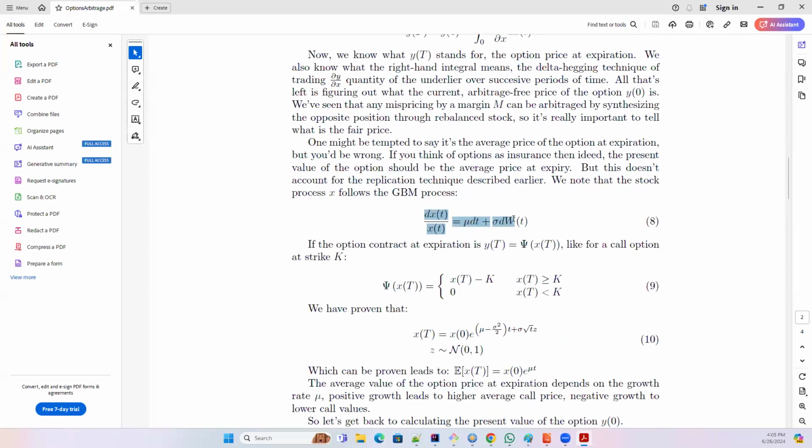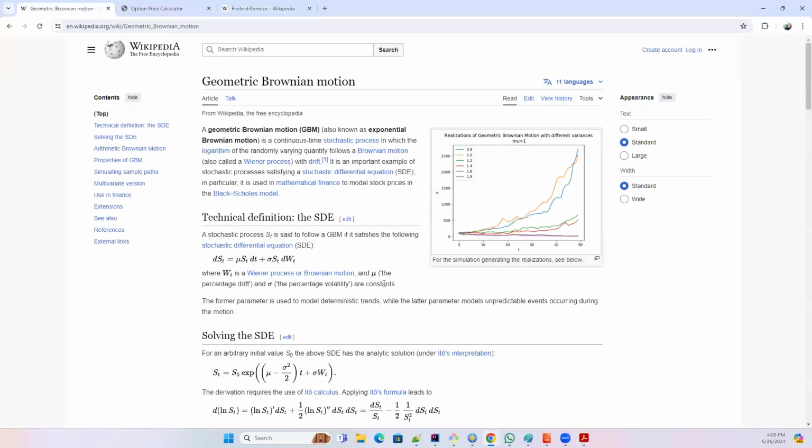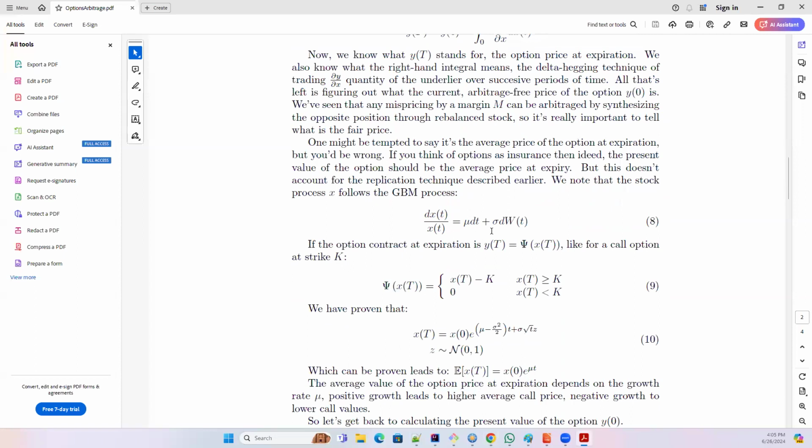So we have the stochastic differential equation of how the stock price moves, which is this one. We have discussed it earlier, geometric Brownian motion. And for a call option, we have the contract price of the option at expiry.